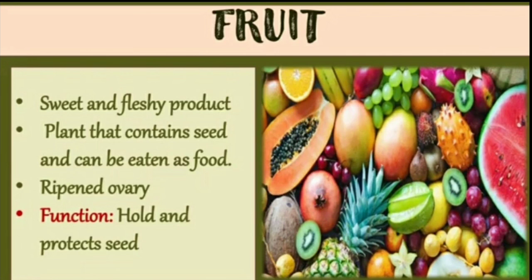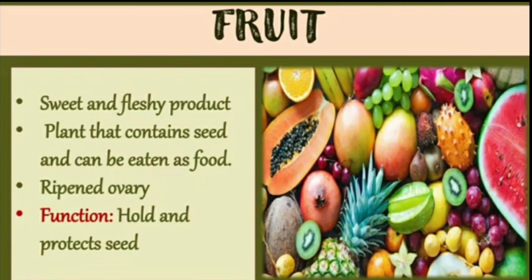So generally, fruits are sweet and fleshy products, right? Each fruit has a different skin or shell, and they contain seeds and can be eaten as food. Their function is to hold and protect seeds. So have you all understood, children?